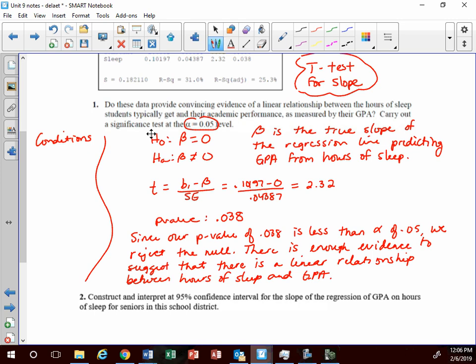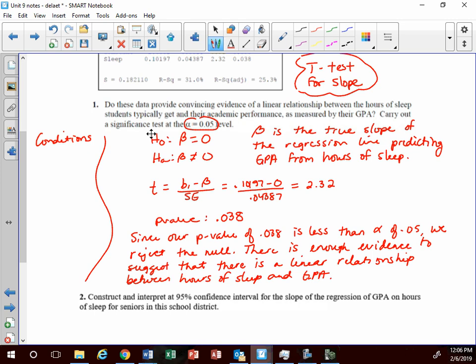You just have to write down the conditions and the hypotheses, define beta, and come to your conclusion.